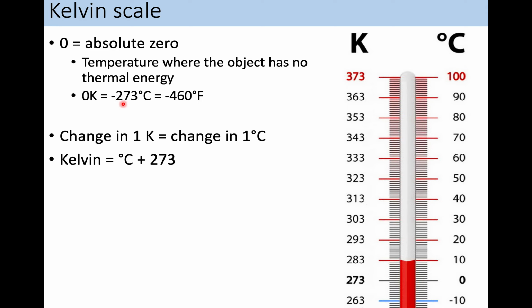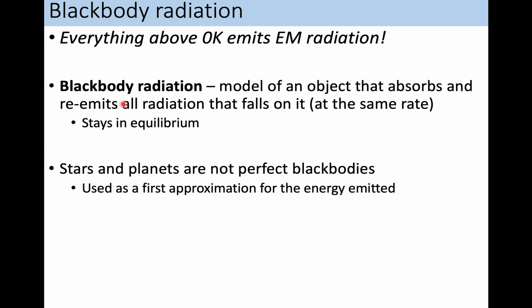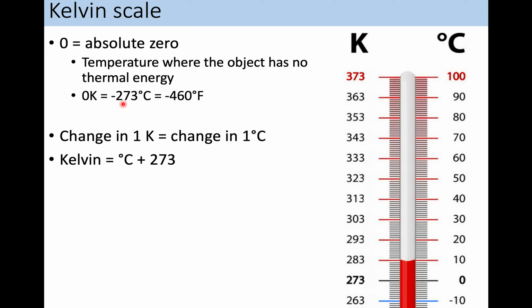The scaling's the same, it's just offset by 273 degrees. Just a side note, because you will start to see Kelvin quite a bit when we start talking about the temperature of stars.